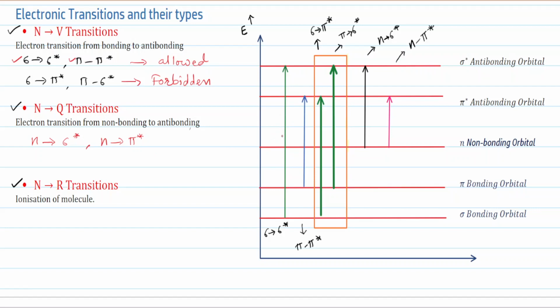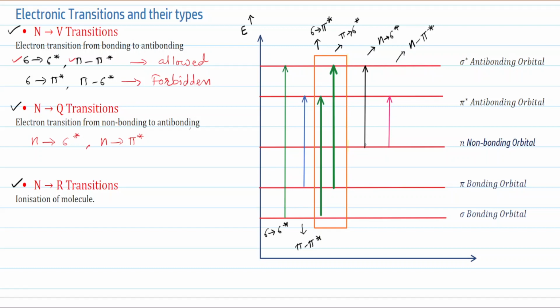In this diagram, you can see sigma to sigma star and pi to pi star. The electron is promoted from sigma to sigma star antibonding, and pi to pi star antibonding. Then there are sigma to pi star and pi to sigma star. These two transitions are forbidden transitions.